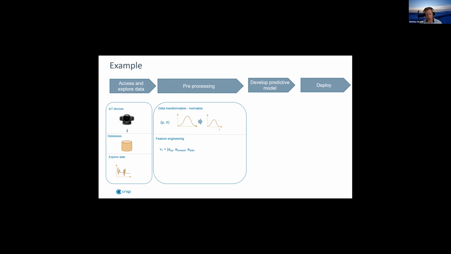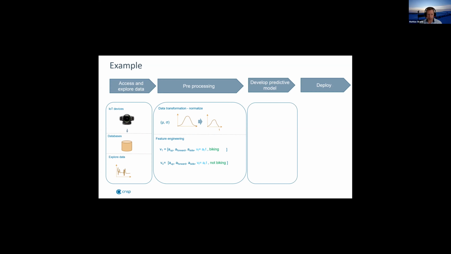And to illustrate this, imagine that you would have a vector with two parameters telling you acceleration up, forward, and to the side. You might actually create another feature, which is the velocity forward, which is just a function of acceleration forward over time. And you might also add into this vector the end result, a label. Is at this point the person on a bike or is it not?